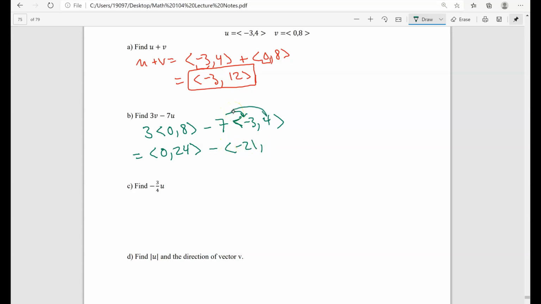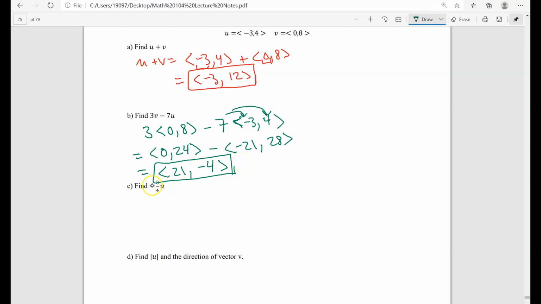And this 7 and this 4 gives me 28. Then I'm going to leave the negative there, so I have 0 minus -21. That's going to give me +21. Then this 24 minus this 28 gives me -4. Basically what I did is I made v 3 times as large, u 7 times as large, subtracted the two vectors, and got this new vector.